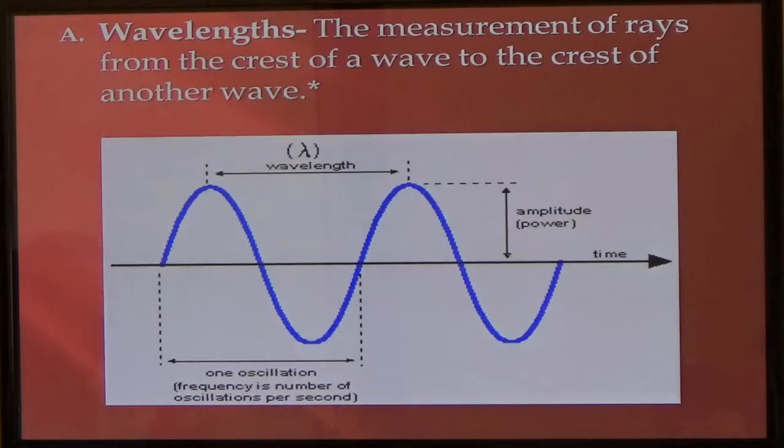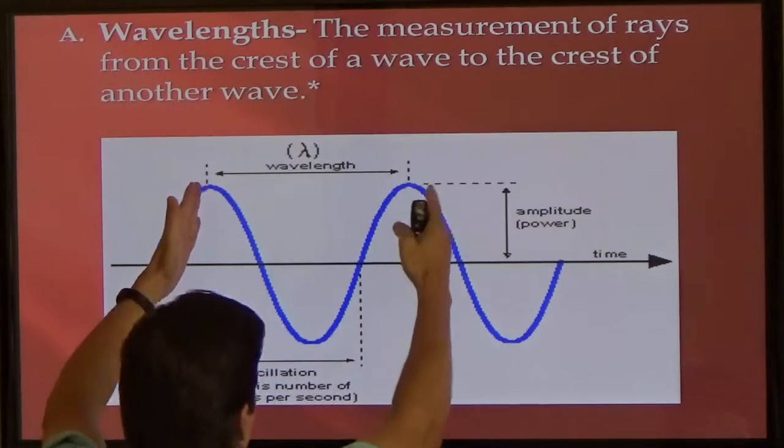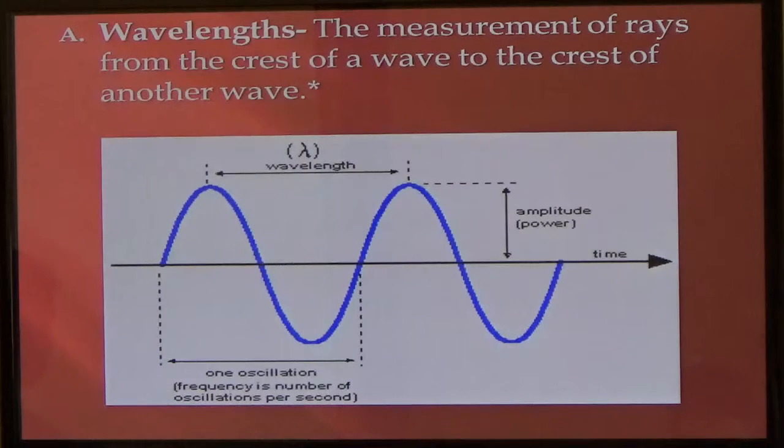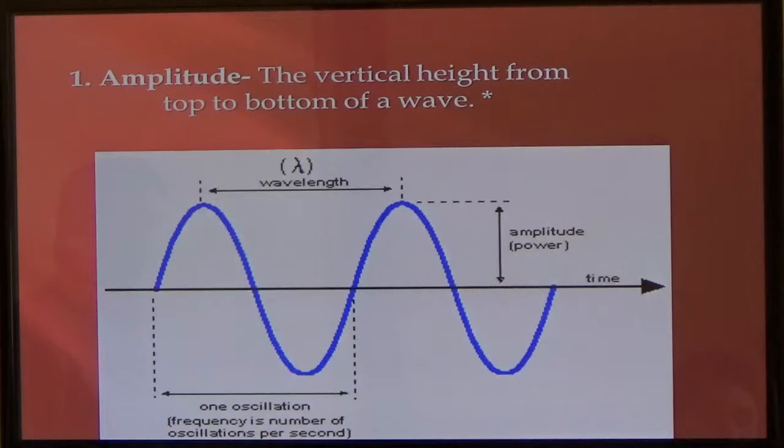The longer the wavelength, the more spread out it gets, from tip to tip. That's the wavelength. The amplitude is the height. The height of the wave from the bottom to the top is the amplitude of the wave. I don't know how I can say it, amplitude, altitude maybe.